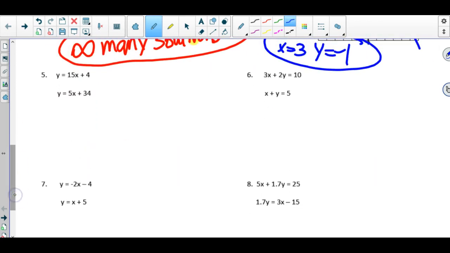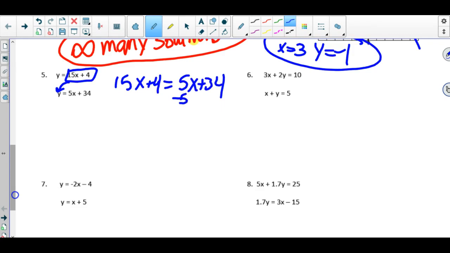Number 5. Looks like it'd be good to graph, but those numbers are too big to fit on a graph. On the test, you cannot graph on your calculator. That's not one of the usable ways. I'm going to set up substitution. This is y, so I'm going to put it in place of y and say 15x plus 4 equals 5x plus 34.